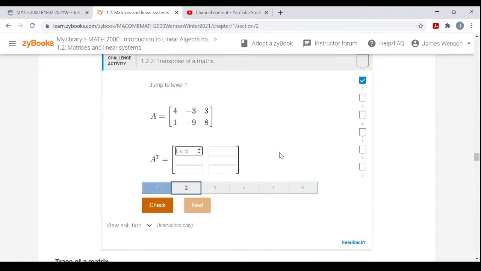All right. This one is actually having you fill in the entries. So first row, first column, switch them. It's still 1 1, so 4. The first row, second column of A transpose would be the second row, first column of A, so 1. The second row, first column of A transpose would be the first row, second column of A, negative 3.